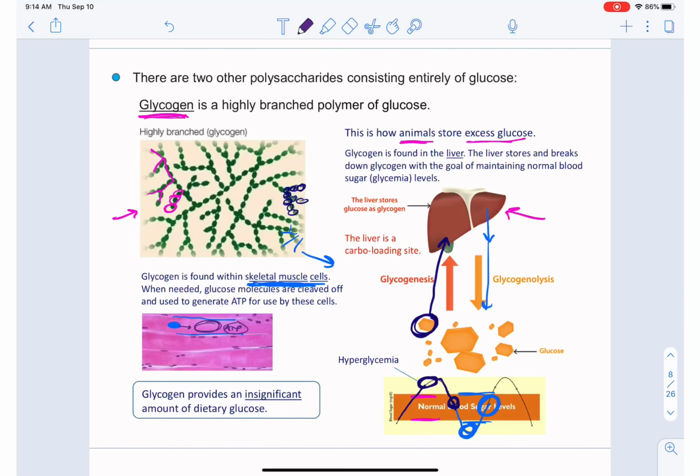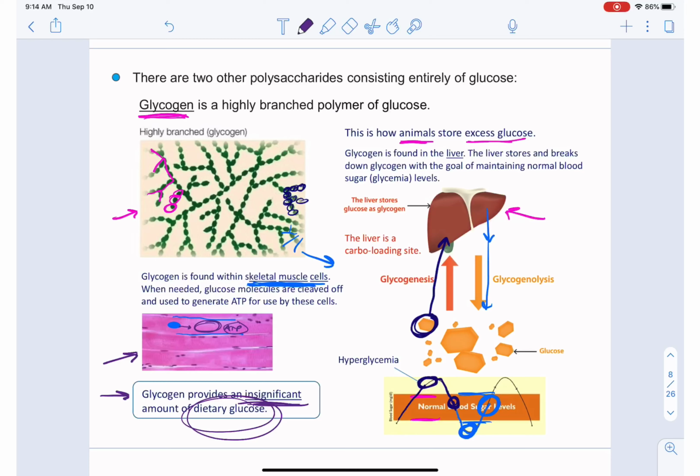Now, I need to point out that from a dietary perspective, glycogen provides an insignificant amount of dietary glucose. So we do not get our carbohydrates from glycogen. If you eat a steak, even though those skeletal muscle cells have little glycogen granules in them, it's an insignificant amount.